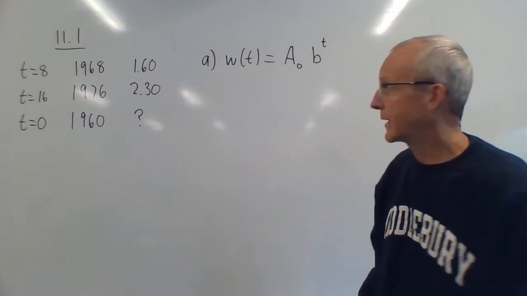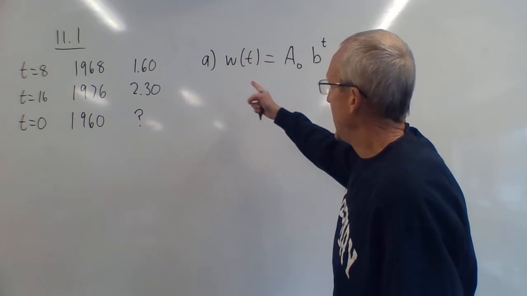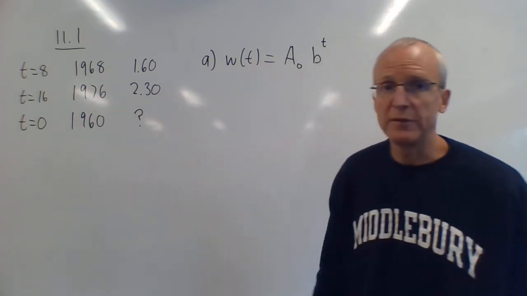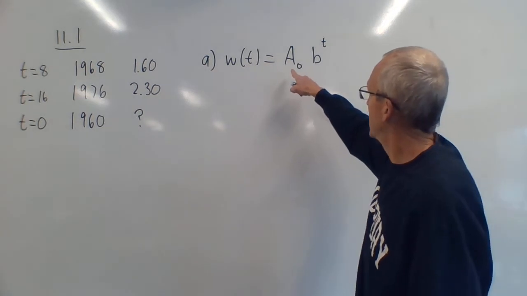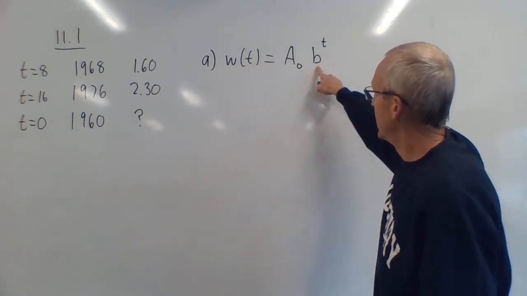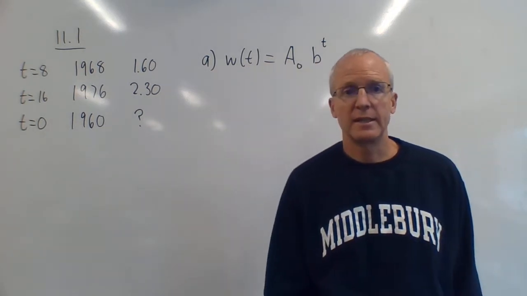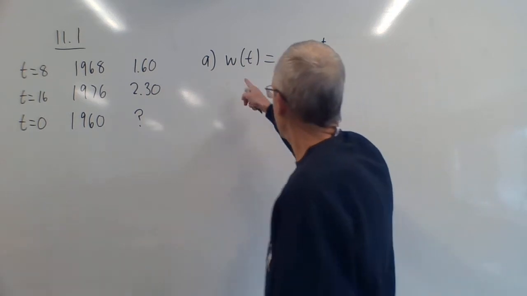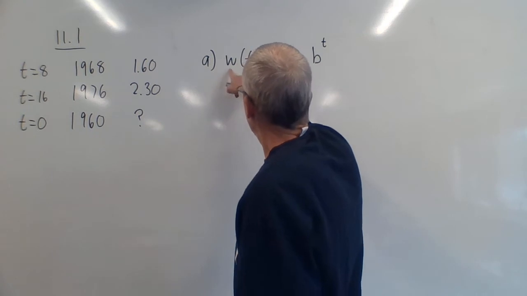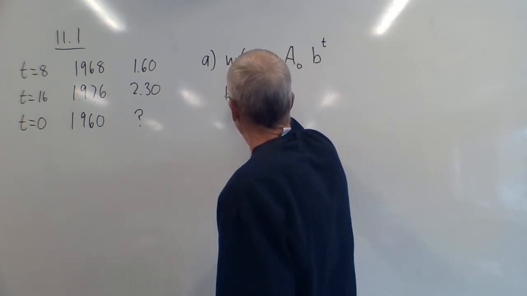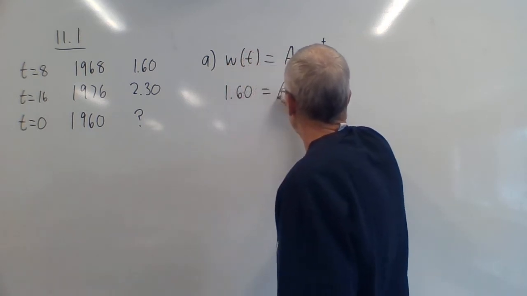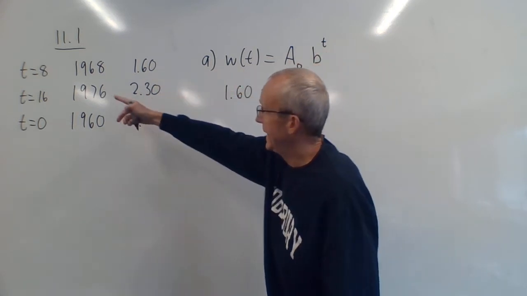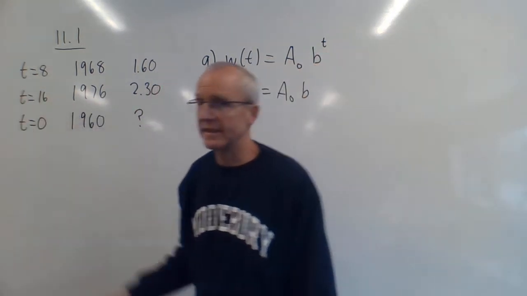Okay, so we have 2 data points. We know 1968, 1976, and we have 2 things we don't know. We don't know A0 and we don't know B. So they have to give us 2 things to find 2 things. So now we're going to solve 2 equations and 2 unknowns. So let's start with 1968. The wage was $1.60, and that's equal to A0 times B, and the time was 8, because we're going to use this, not 1968, right?